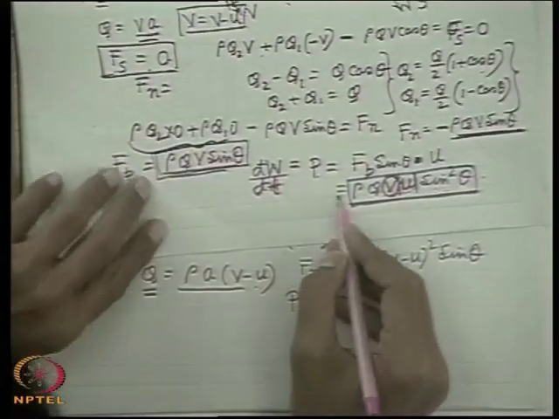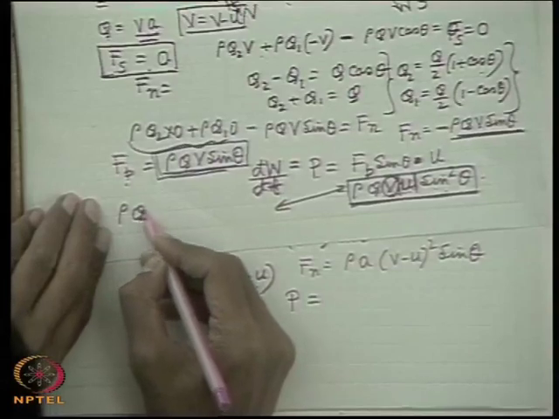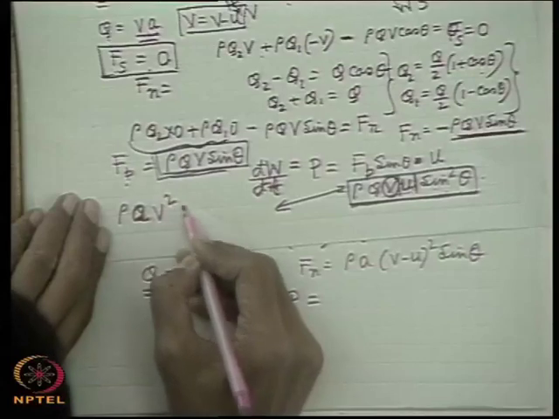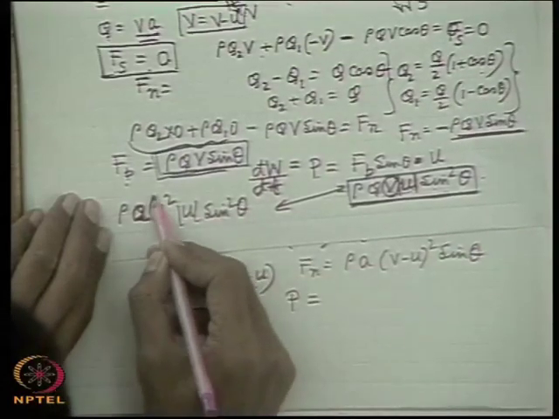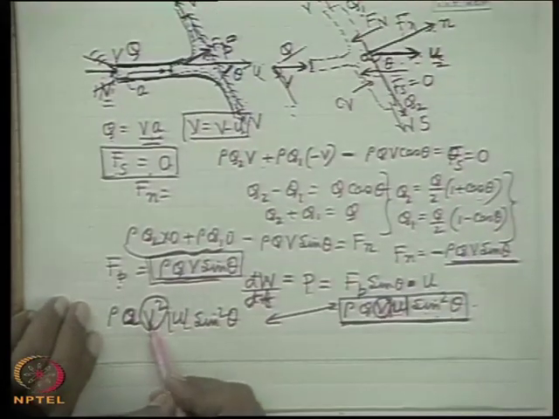So, in this case we could have written a pseudo expression rho q. So q is A into V, so A into V square u sin square theta. Instead of V square, V has been declared as V minus u, so it will be V minus u whole square.